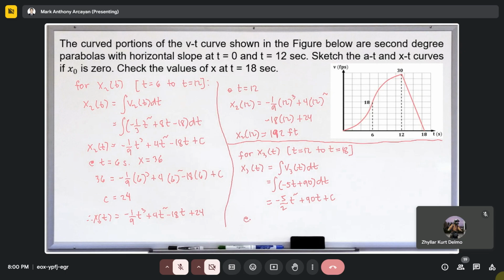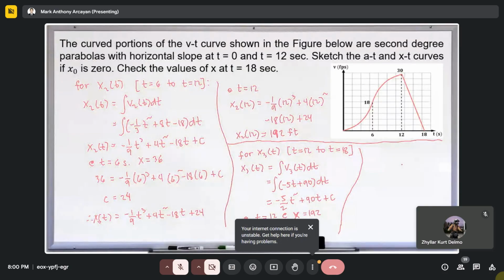To solve for the constant, we make use of the displacement when t equals 12. The displacement is 192, based on the answer we got from the previous displacement function. Let's substitute this: 192 equals negative 5 halves.